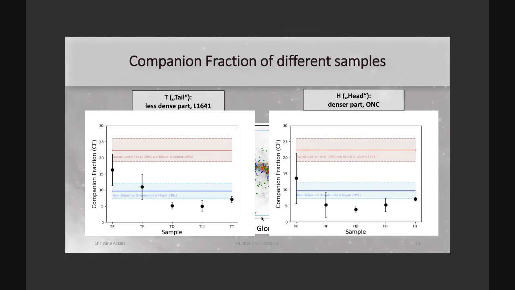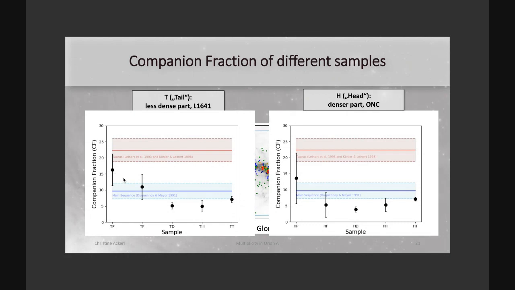So what we see here is, first of all, that we have a higher companion frequency in the tail of Orion A. So the points here overall are higher up than here. And we also see a very clear dependence on evolutionary stage.